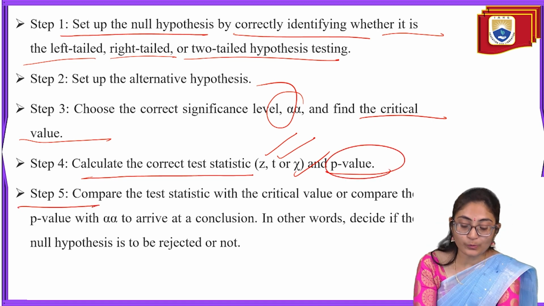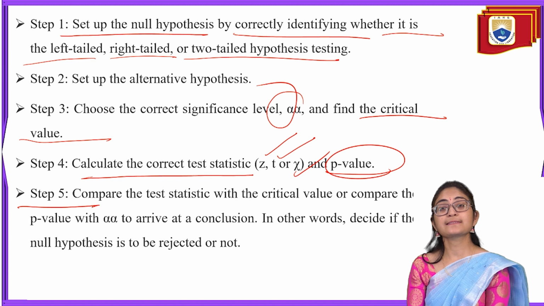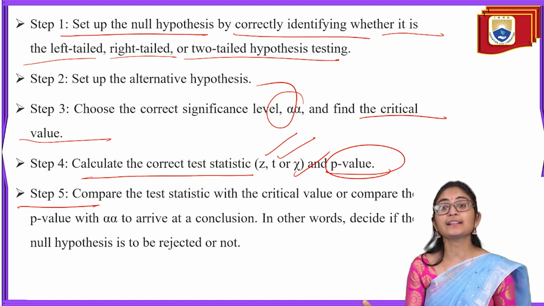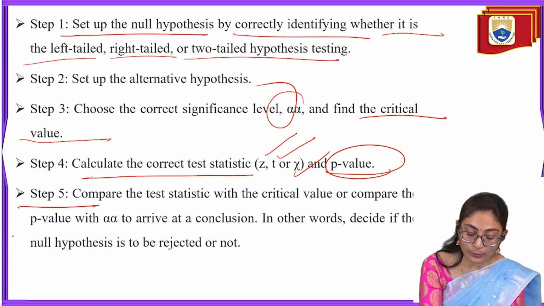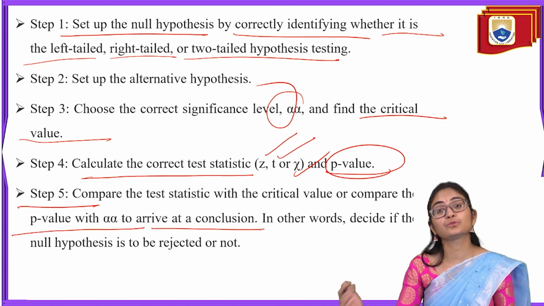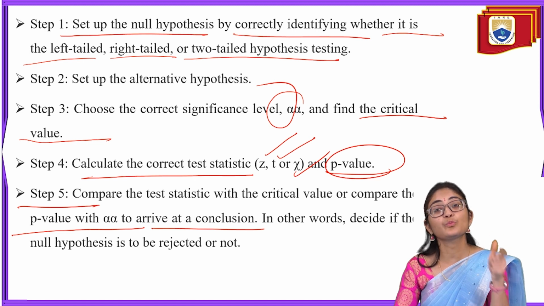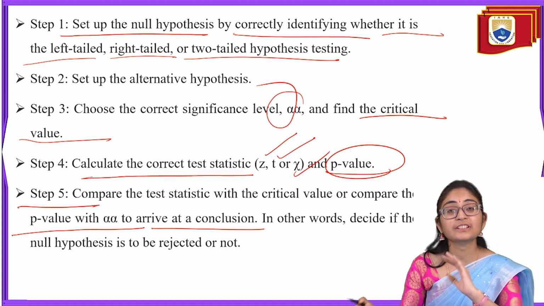In step 5, you compare the test statistic with your critical value, or compare the P value with alpha, to arrive at your conclusion. In other words, decide if the null hypothesis is to be rejected or not.